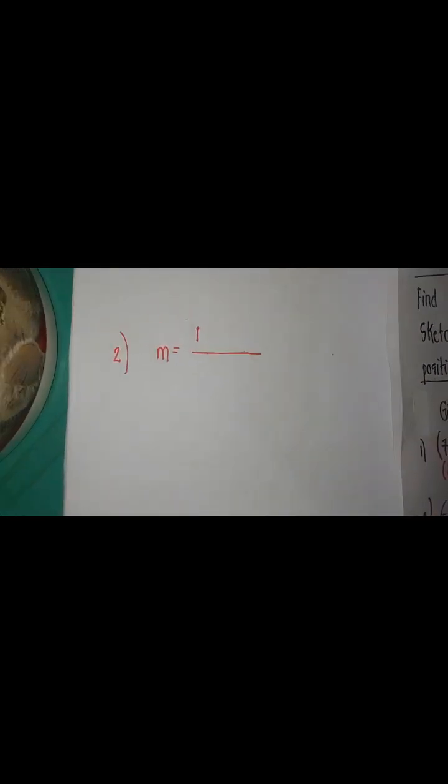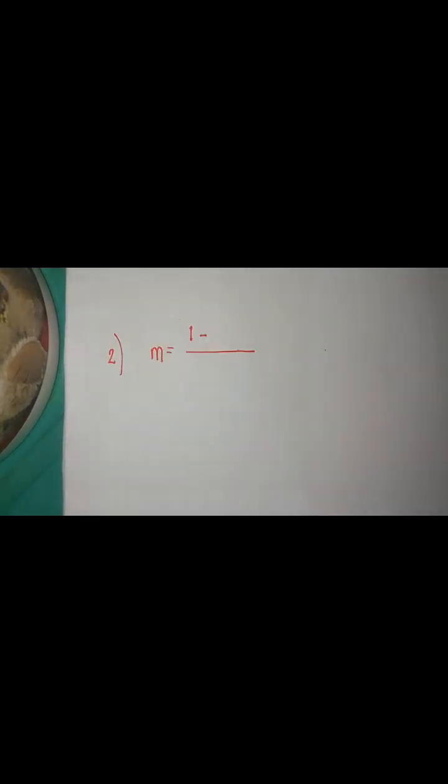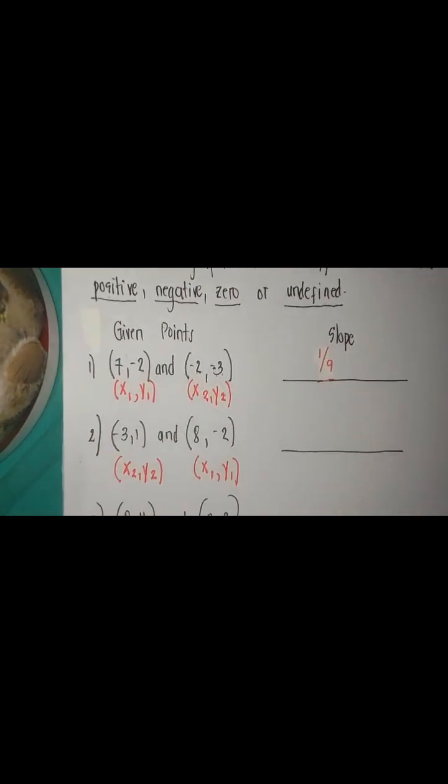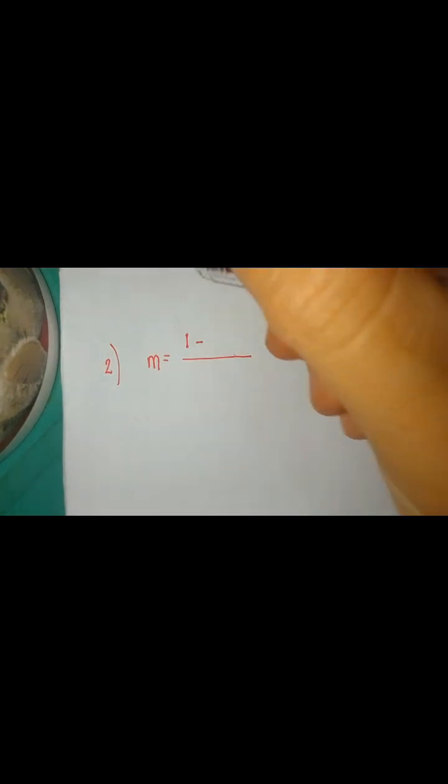Following the formula class, we have minus y sub 1. We will look for the value of our y sub 1. Our y sub 1 is here, which is -2. So since negative man nato ang second term sa numerator, then we have to put parentheses, (-2).